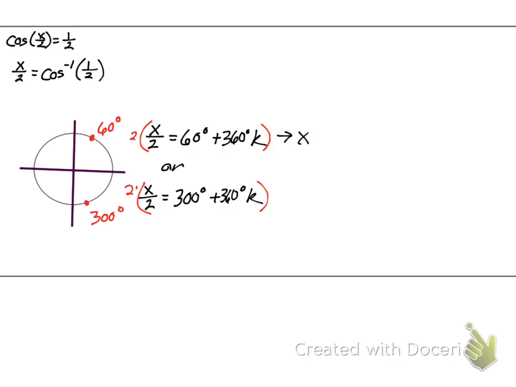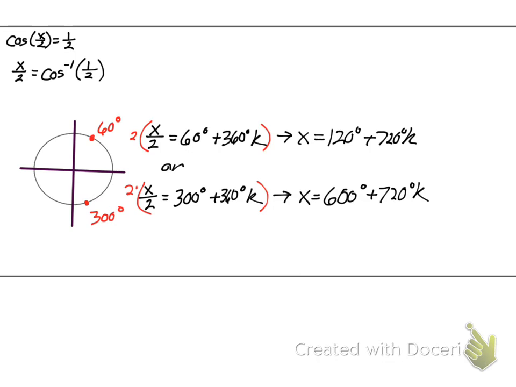That's going to give me x equals 120 degrees plus 720 degrees k. And as soon as I see that 600 degrees, I know I'm not going to use anything out of that second one, because 600 degrees definitely isn't between 0 and 360. If I subtract 720, that's a negative. If I add 720, that doesn't make any sense. So the only one that can even possibly work is this guy up here.